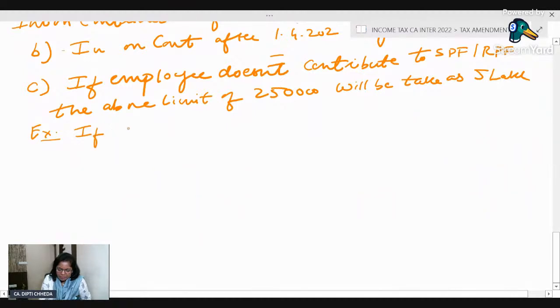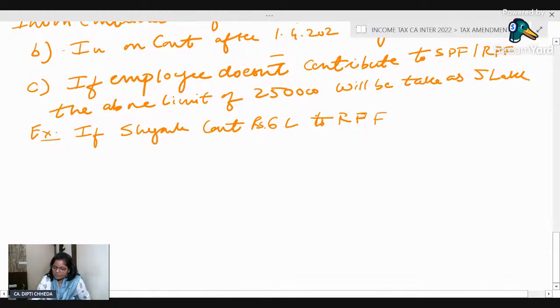If Shyamlal contributes 6 lakhs to RPF, write down. Shyamlal contributes rupees 6 lakhs to RPF, where I'm just giving on my own.